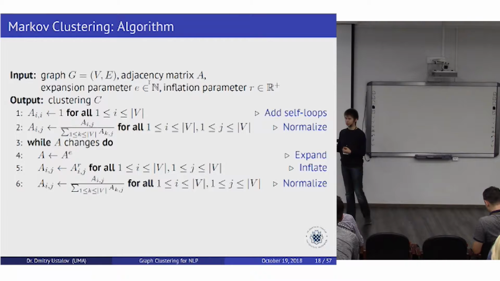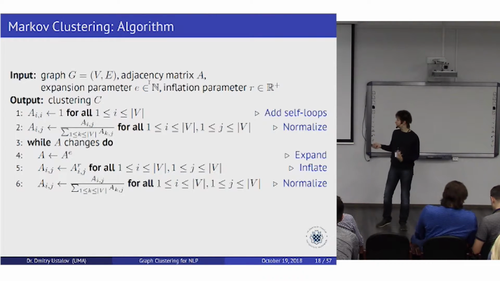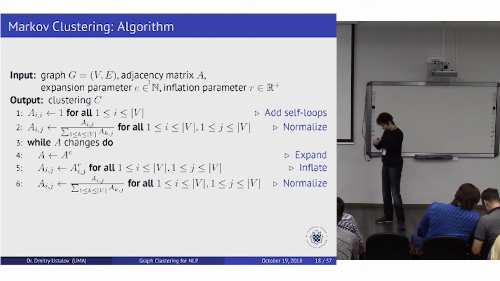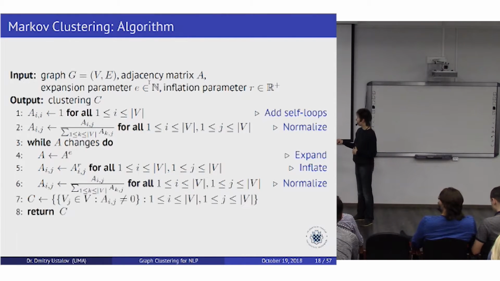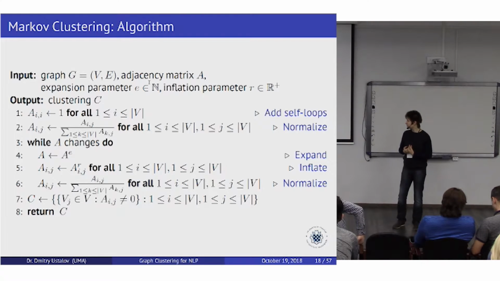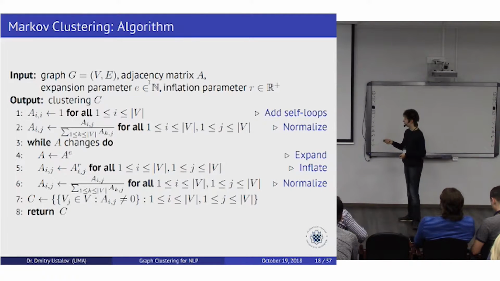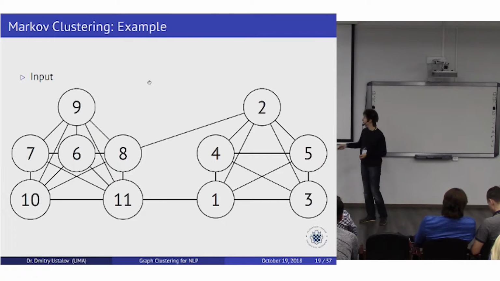So you just make sure that the normalization applies, and you get the proper normalized values. As a result, you just see the clusters as ones in the resulting matrix after running the algorithm, and you just gather them into a set of clusters, C.